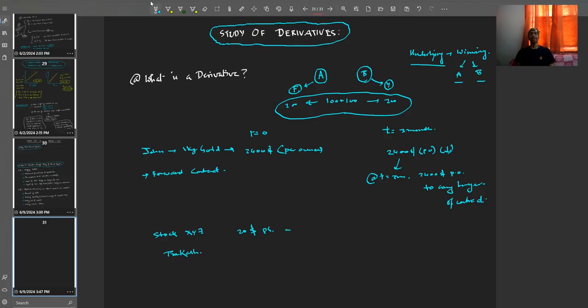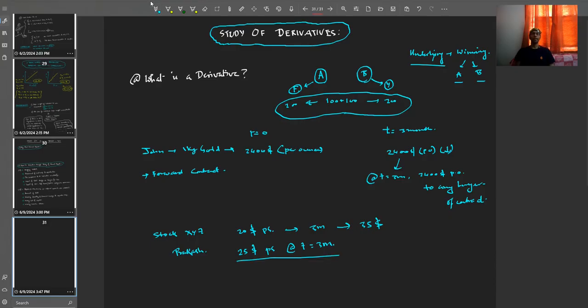Prakash thinks that in 3 months, the price of this stock will be $35. Now, based on this speculation, Prakash strikes a contract. He says, right now I am willing to sell a contract where I commit that I'll be buying the stock at $25 per share when 3 months are over. That is at t is equal to 3 months. And this contract I am willing to strike right now.